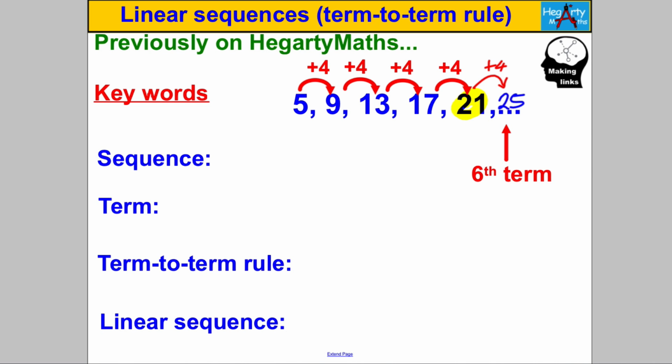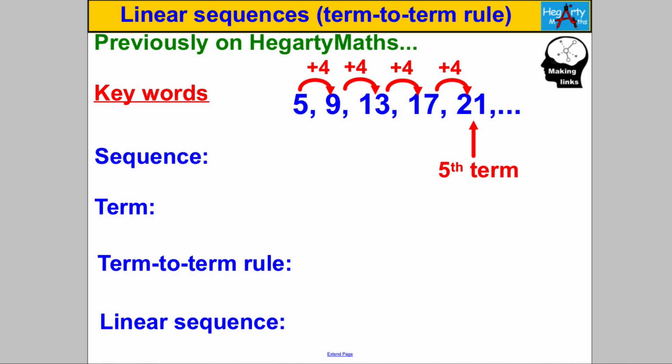Having talked about all this, let's move on and summarize the 4 key definitions we've already learned. So I need you to write this along with me. What was a sequence? All a sequence is, is a list of numbers that follow a rule. Simple as that. So let's write this down. Now, what's a term?